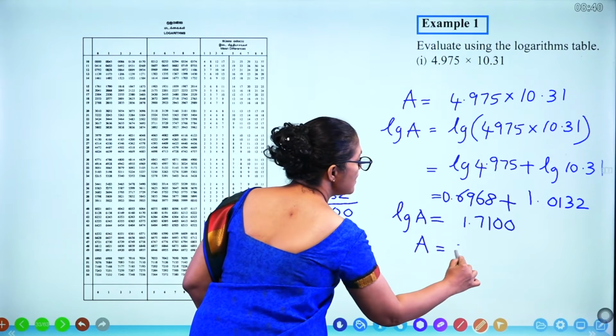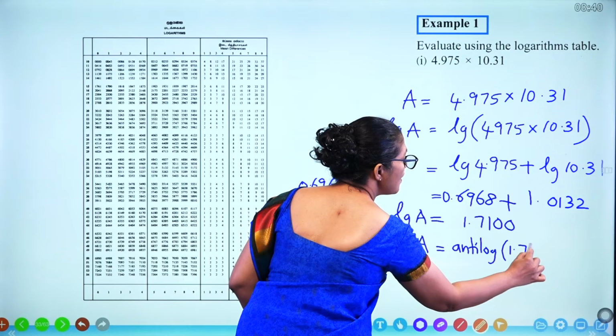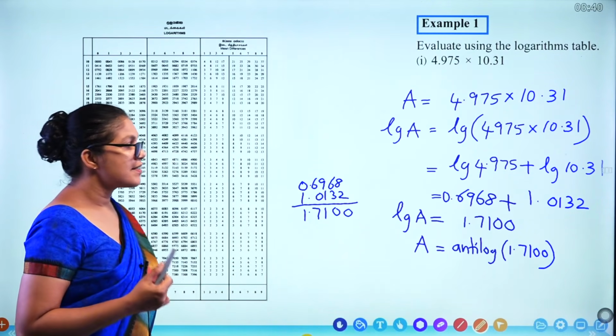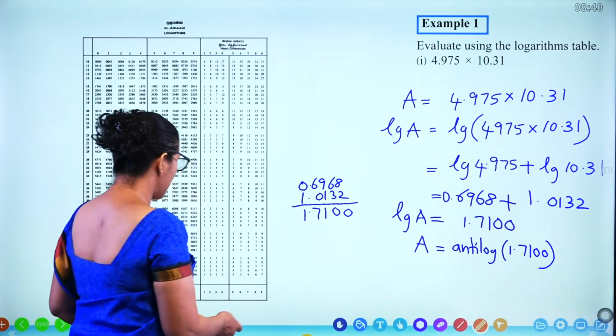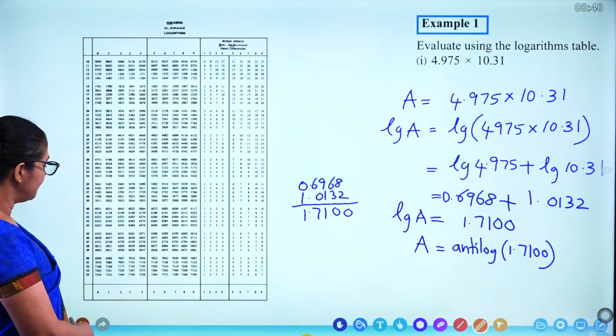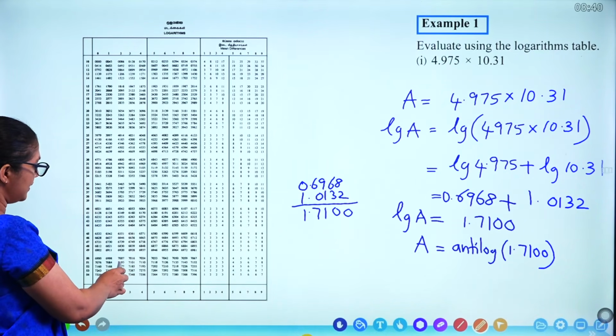When you take antilog of 1.7100, you get the A value. So characteristic is 1. You have to refer 7100 in the first table. Here 93 is there.